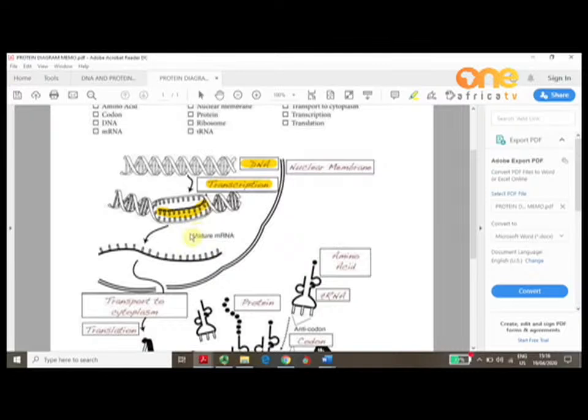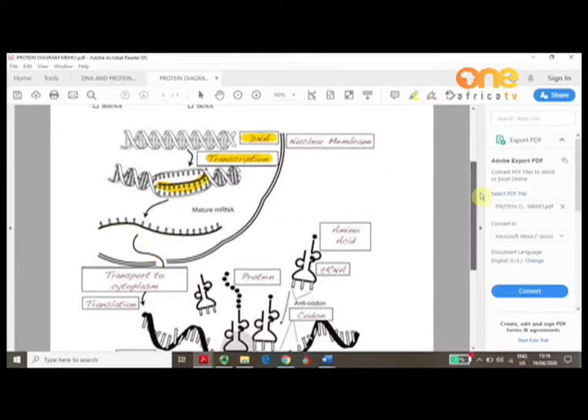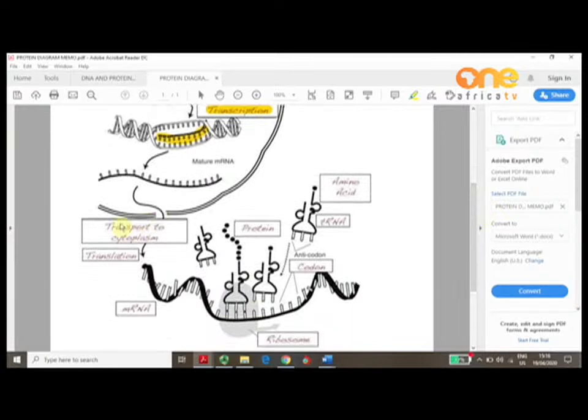Remember that it is loose nucleotides of our mRNA that will attach. Now the mRNA can leave the nucleus due to the fact that it is only one single strand, and it will be transported to the cytoplasm.